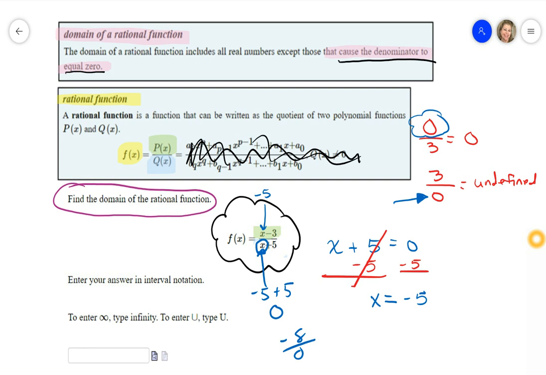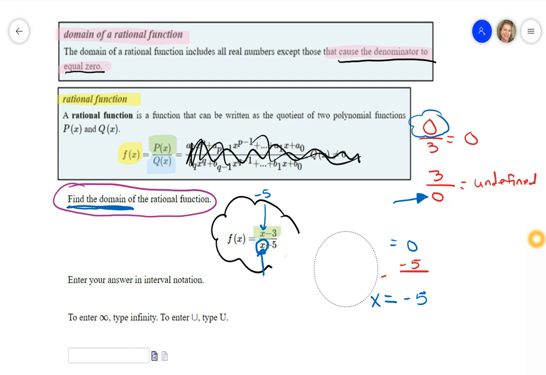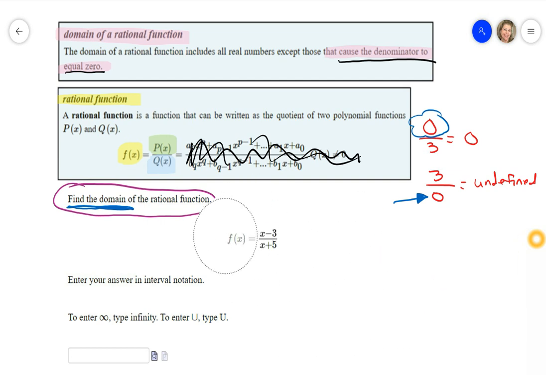So my domain, because that's what we're being asked to find, can be any number in the world but this negative 5. Now, just to show you what it looks like on a number line, I do this because I'm a visual learner.